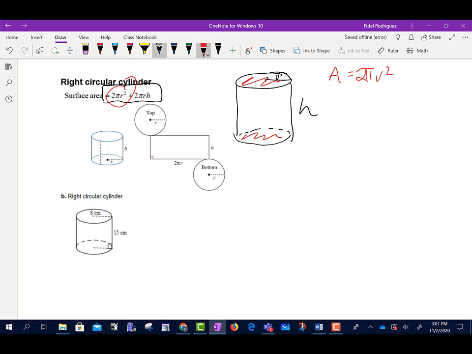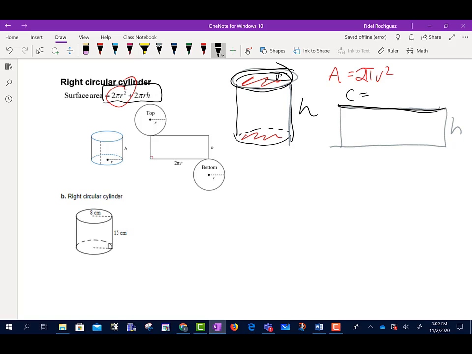Now, I want you to think about if I were to take a pair of shears or scissors and cut that can down the edge like this, and we were to unfold it. This here would still be the height. This distance here is the circumference of a circle.